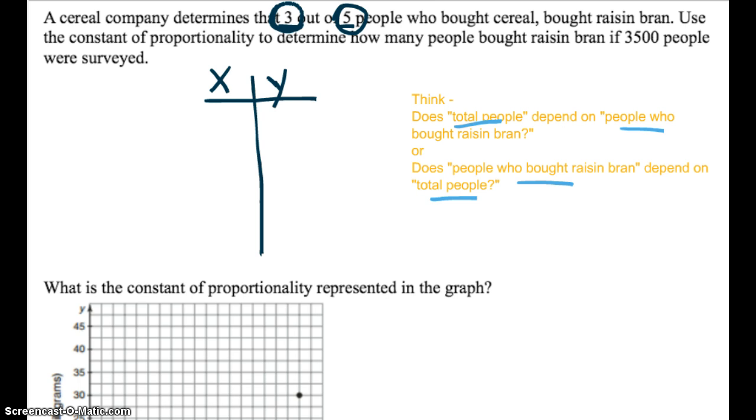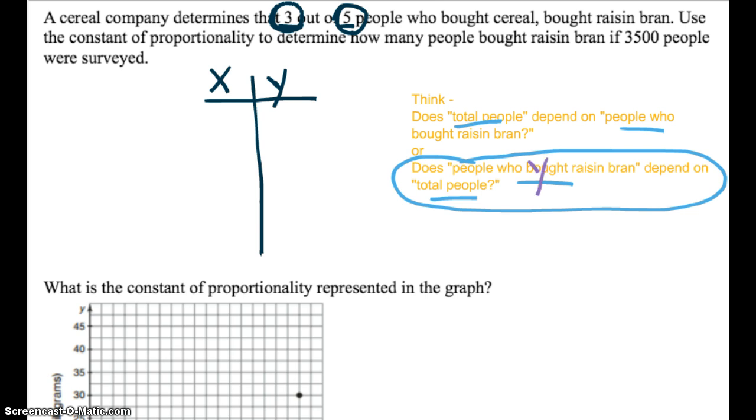So in this situation, this is the truth. People who bought Raisin Bran depends on the number of people who are surveyed. So our dependent variable is our Y. That's the people who bought Raisin Bran, and that depends on X number of people.